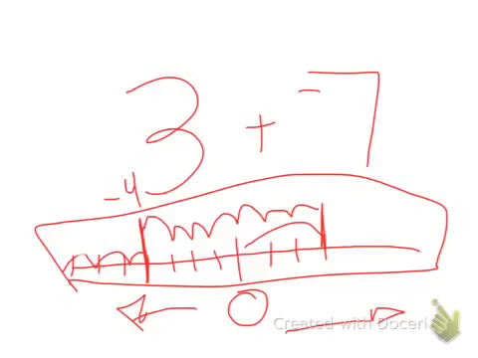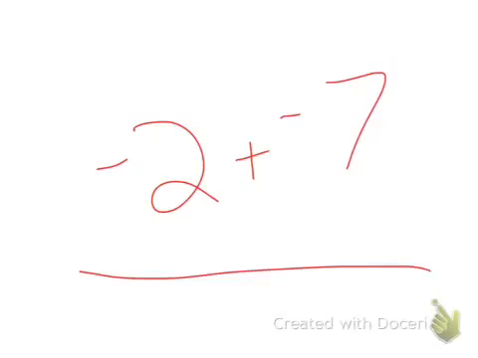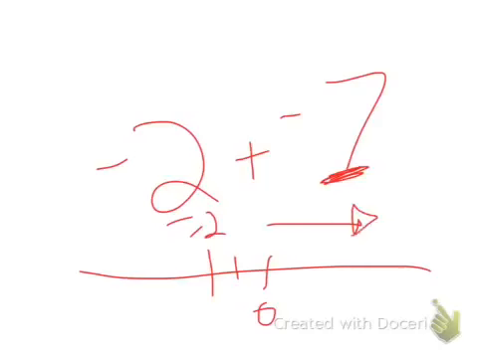But guess what? Now I'm going to show you a trick. Actually, I'm going to show you a trick after a second. Now, what if I have -2 plus a -7? If we're starting at -2, 1, 2, we're starting there. We're adding a -7, so that doesn't mean we're going this way. That means we're going this way, right?